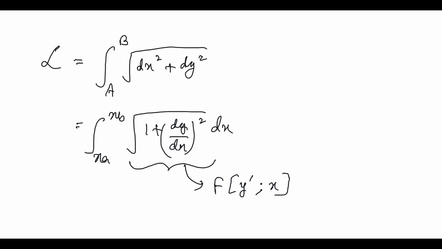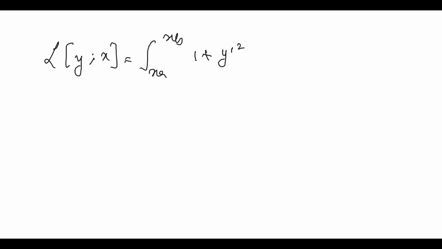Right. In variational calculus, we call this L a functional, which is nothing but a fancy term for a function of functions. Right. So now I have L, which is a function of y and x, is nothing but the integral from xa to xb of the square root of 1 plus y prime squared dx.